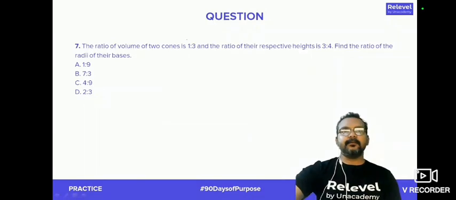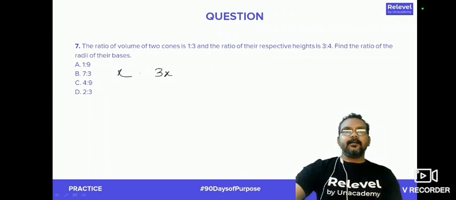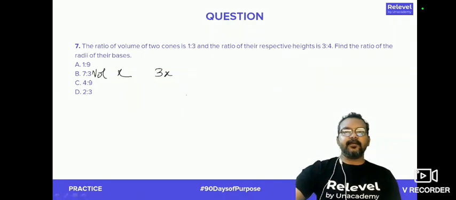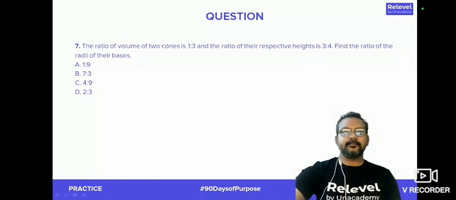Number 7. The volume of two cones ratio is 1:3. So the volume ratio would be 1:3, means one volume is x, the other volume is 3x. So let us just keep volume in terms of V, so that way it would be easier to denote.